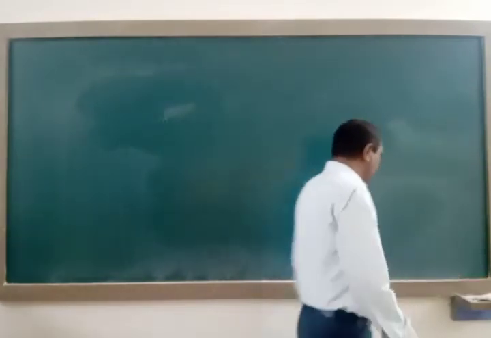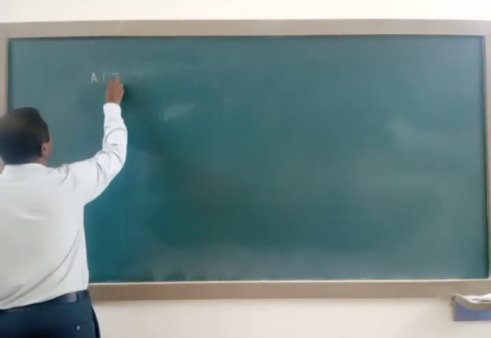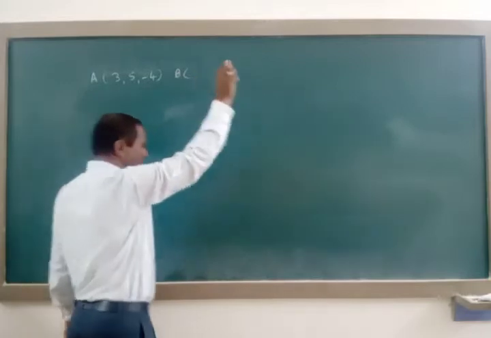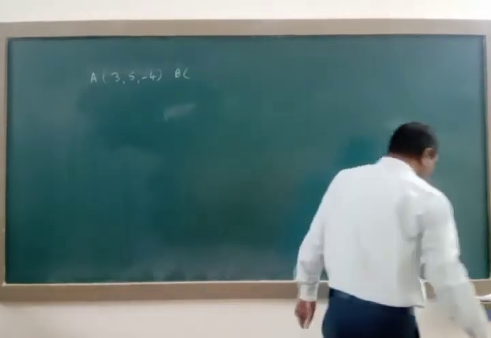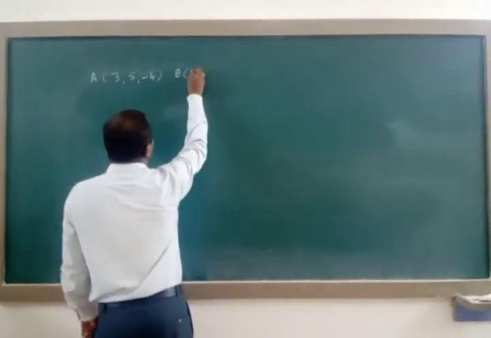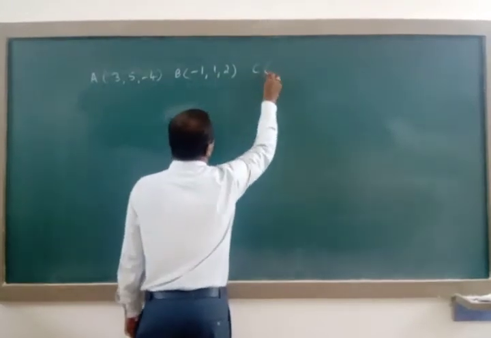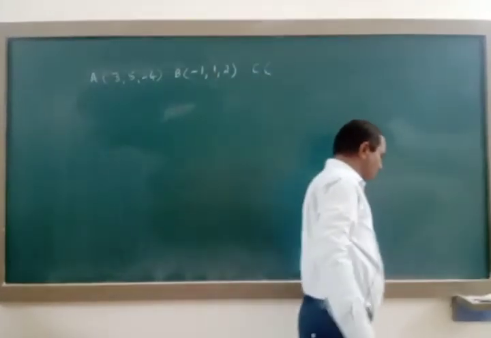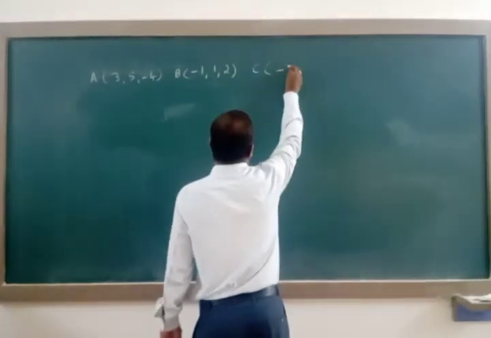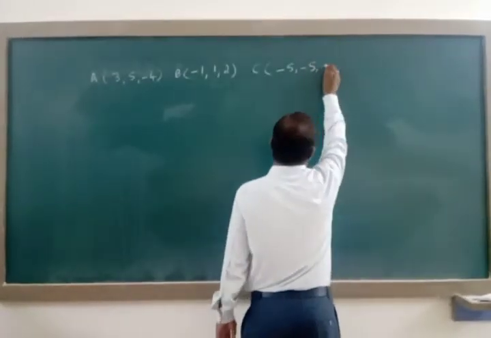Let A be 3 comma 5 comma minus 4. B is minus 1 comma 1 comma 2. C is minus 5 comma minus 5 comma minus 2.